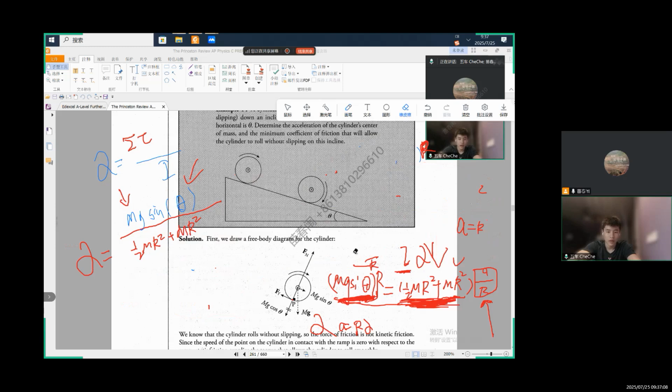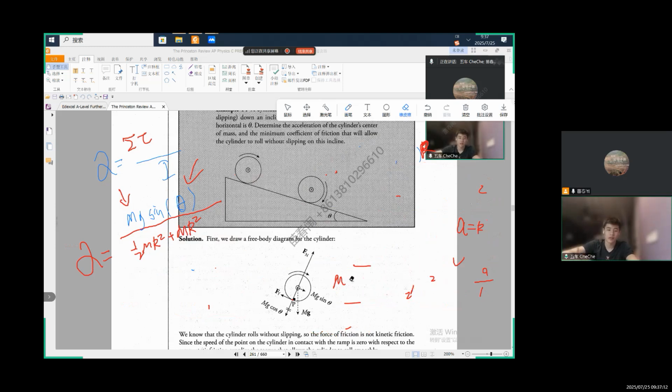Let me just erase everything. I think the only thing that's left right now is basically this. I think this one will just solve the question. So we find alpha, and then multiply that by r and you get the acceleration. M is out. The g sine theta as well as one of these r's, right?